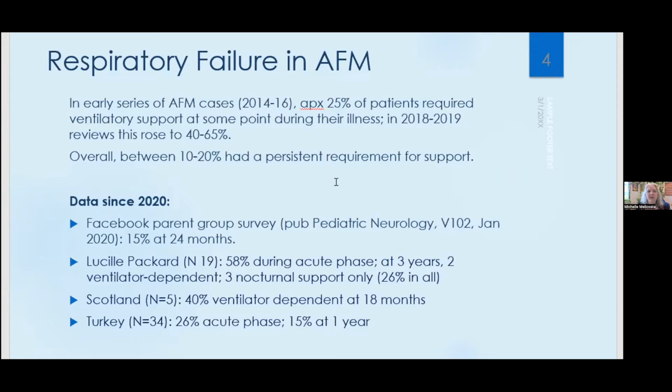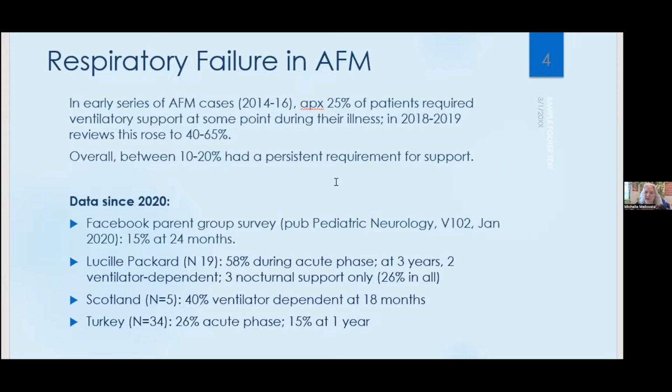Since 2020, looking at updated data as we've had a little more time now with AFM, the numbers vary depending on where you're looking, which is also kind of interesting, and I'll leave it to the epidemiologist if they want to comment on this later. For example, Lucile Packard had about 60% of their kids requiring ventilation during that intensive care stay.